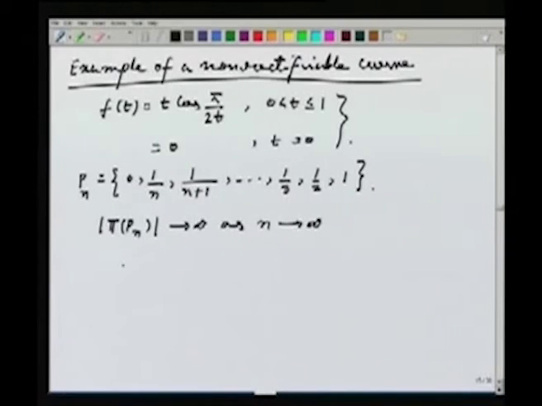To check this, mod pi of P_n is anyway the summation k from 1 to n of the norm of r(t_k) minus r(t_{k-1}).